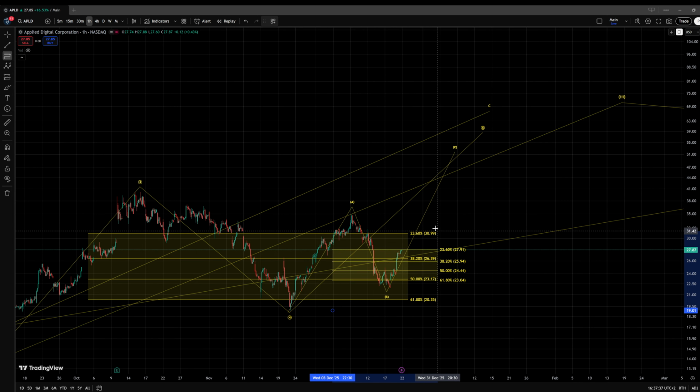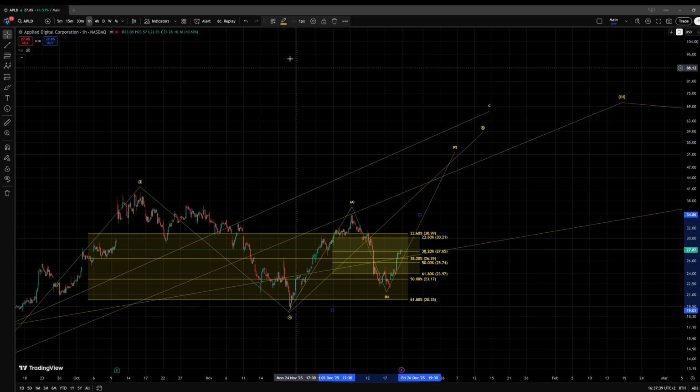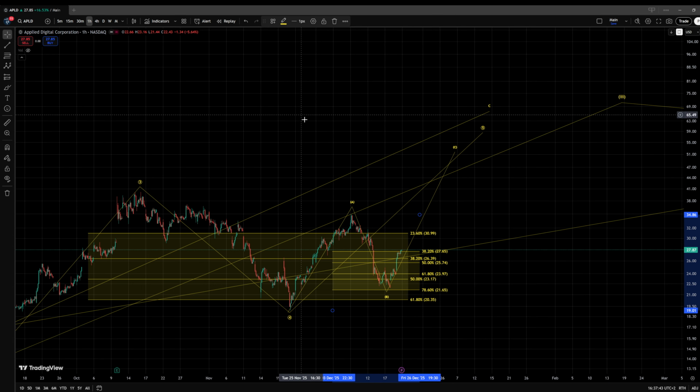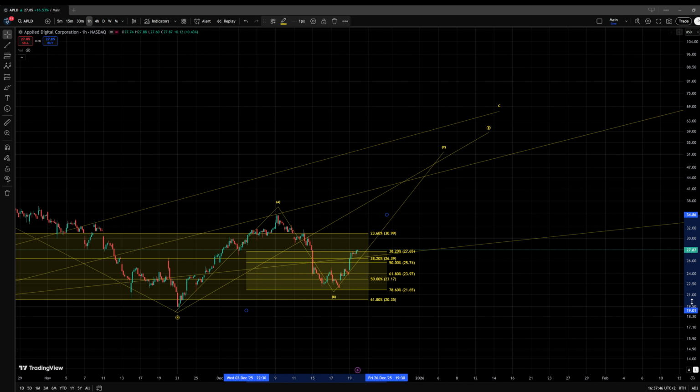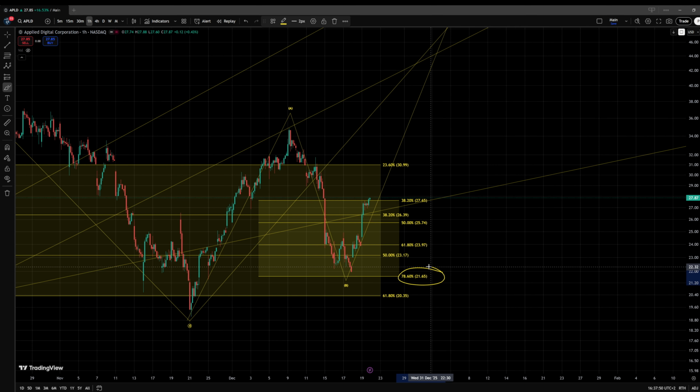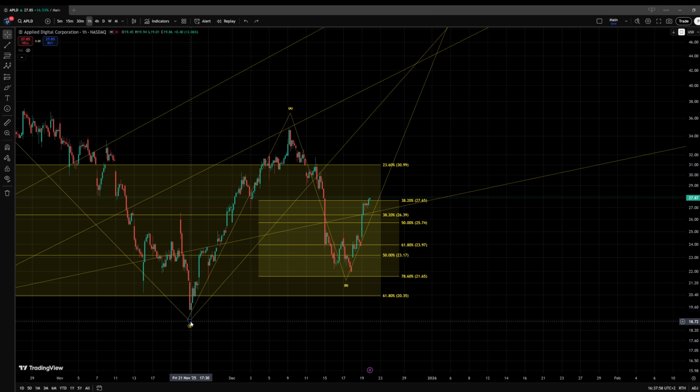but still we managed to form a 5-wave move within the wave A, which allows us to track with decent probabilities a correction within the wave 2, for which we have the area of support between the $27.6 all the way down to the $21.6 level at a 78.6% retracement. And it is especially interesting because it is very much within the larger area of support in the wave 4.